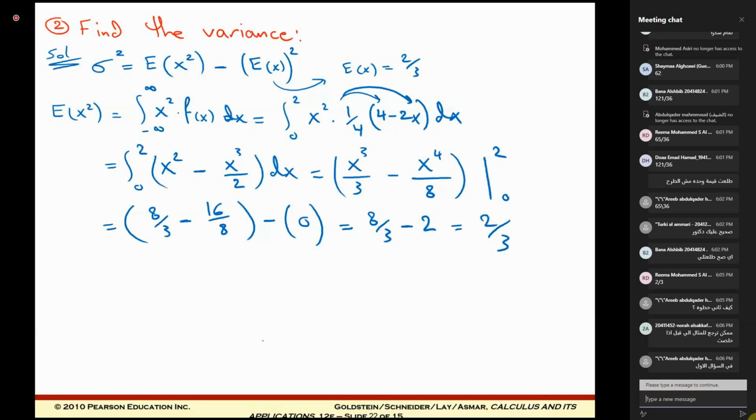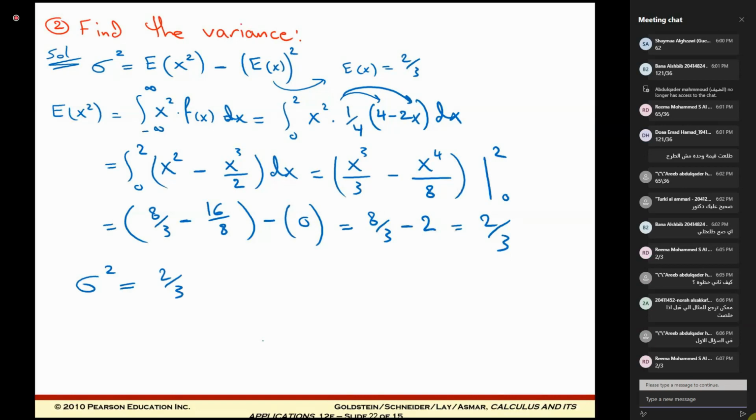So the variance equal 2 over 3, this is the E of X square, minus 2 over 3 all square. This is the value of E of X, 2 over 3, all square. So we have 2 over 3 minus 4 over 9.